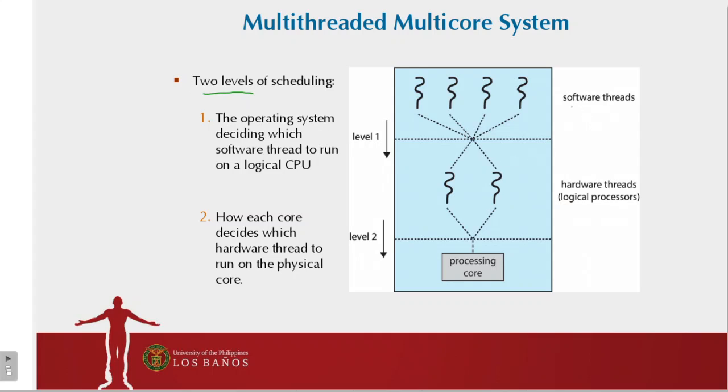We have scheduling at the thread level, the user software threads, and we also have the scheduling on the hardware threads, as shown here. And then we have the processing core here. You can think of this software thread as the kernel threads, because this is where the kernel will run these software or user level threads.